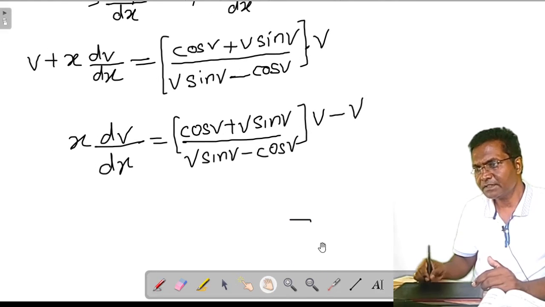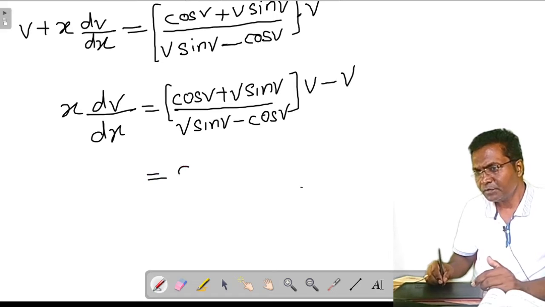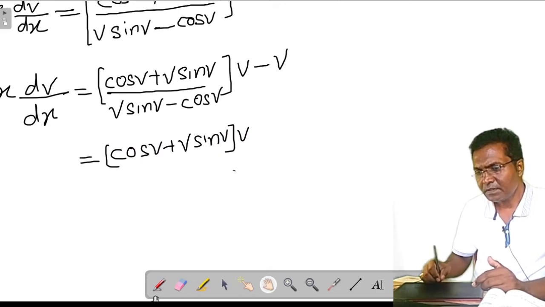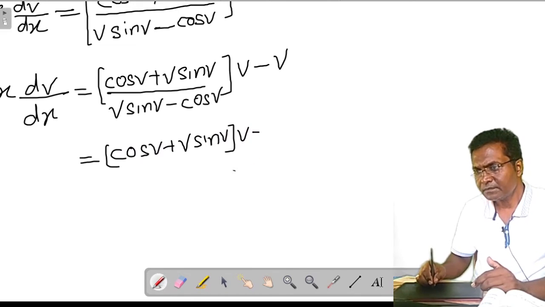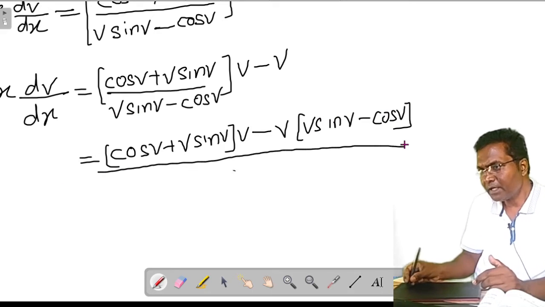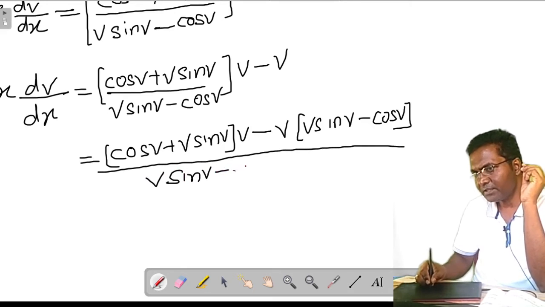Okay, you brought this v this side as minus v. So further take the LCM. cos v plus v sin v into v minus v into v sin v minus cos v, all divided by v sin v minus cos v.